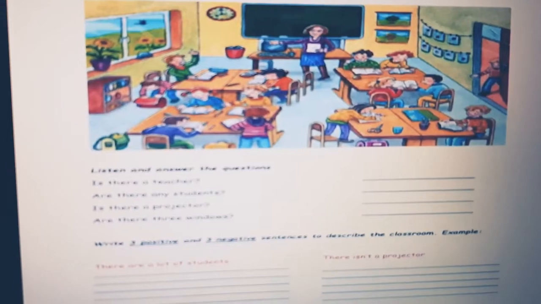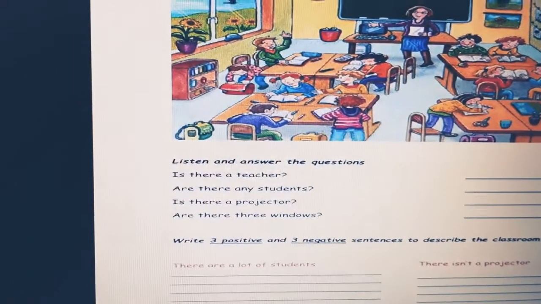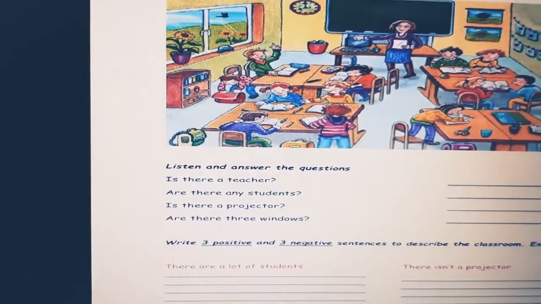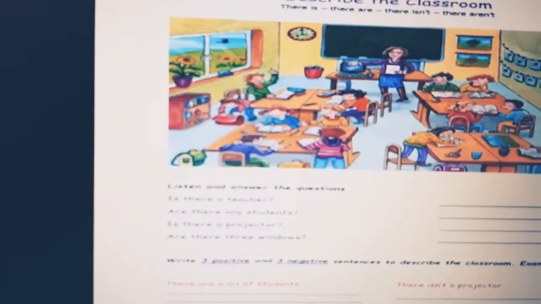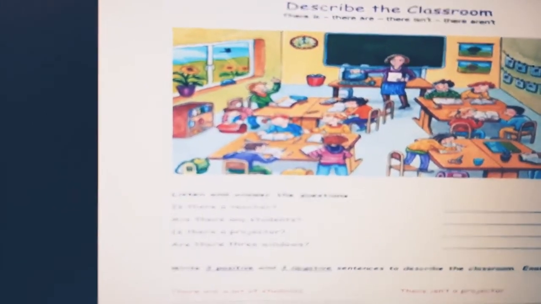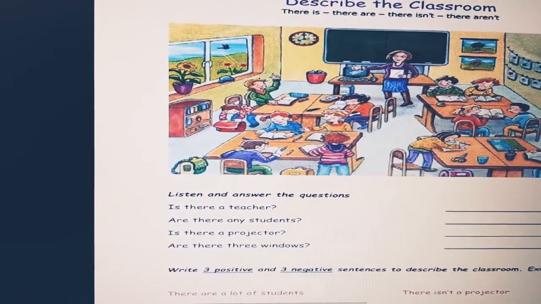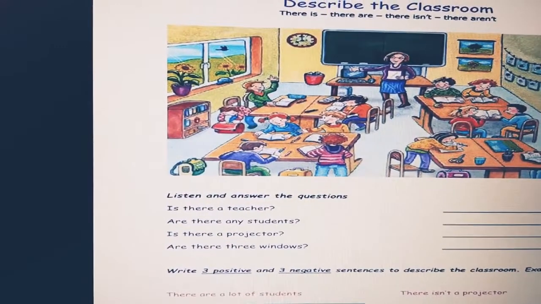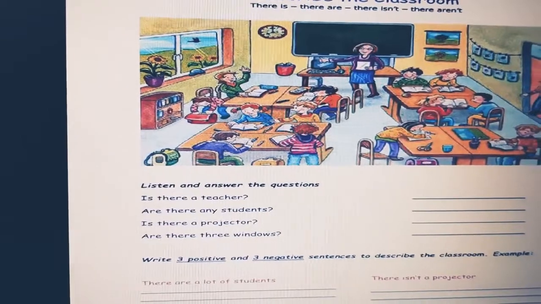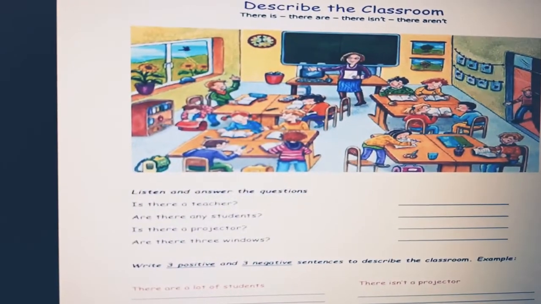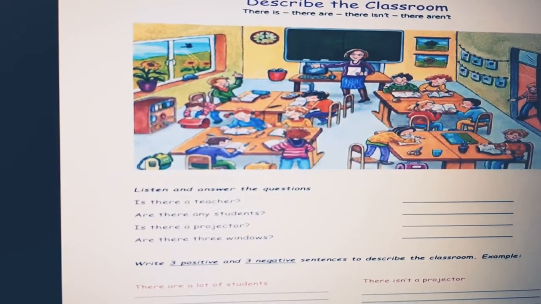Question number 1: is there a teacher? What do you think? Yes, there is, or no, there isn't? Yes, there is. Question number 2: are there any students? What do you think? Yes, there are, is my answer.